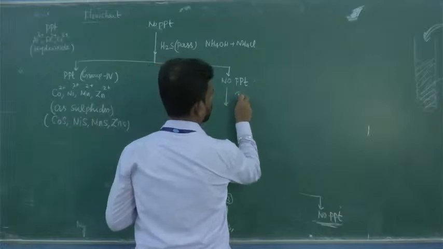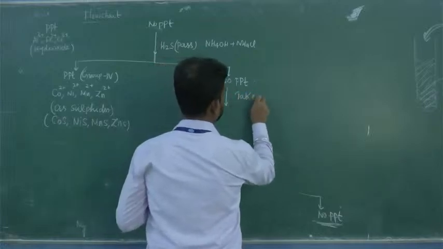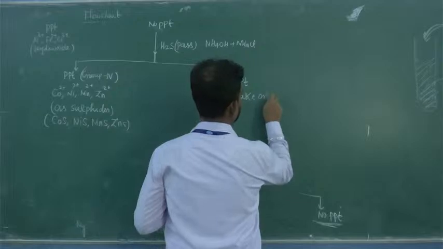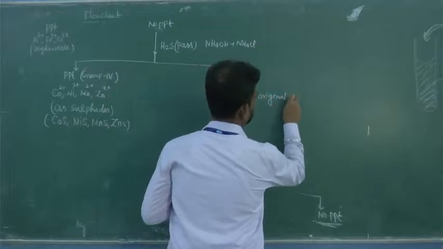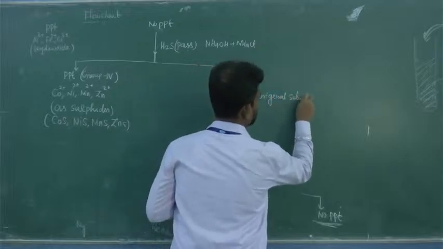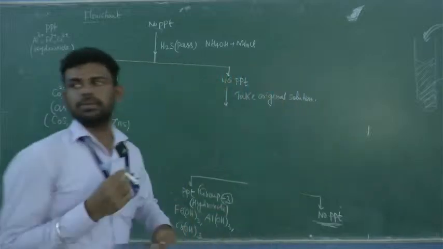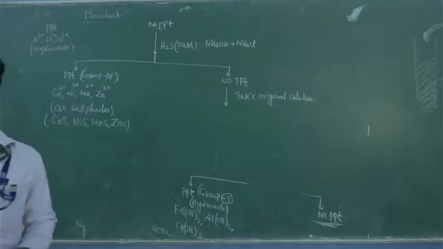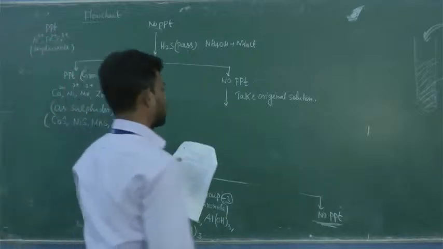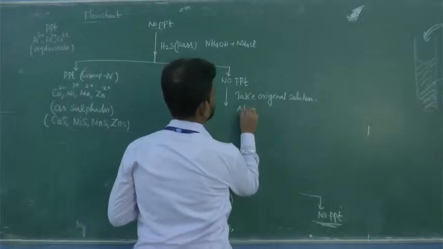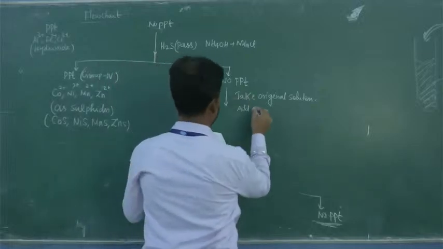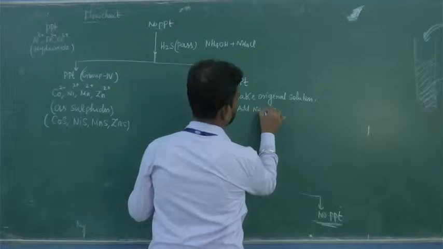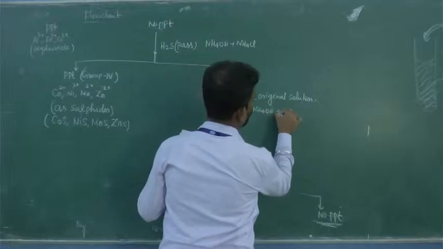take the original solution. Take original solution. If no precipitate is obtained, you have to take the original solution. Initially there is a sample, you have to take it again. Is it clear? Now to this, add ammonium hydroxide plus ammonium carbonate.